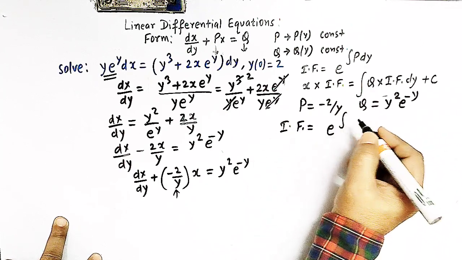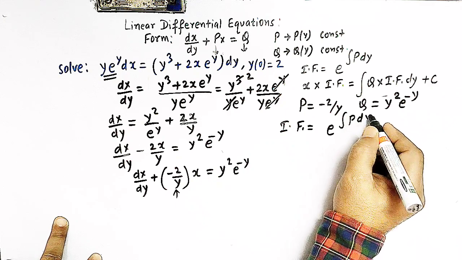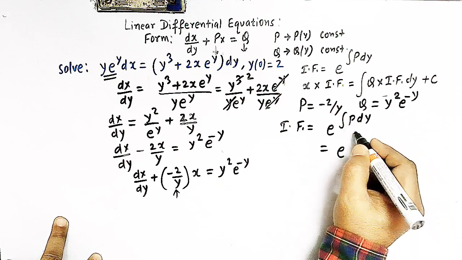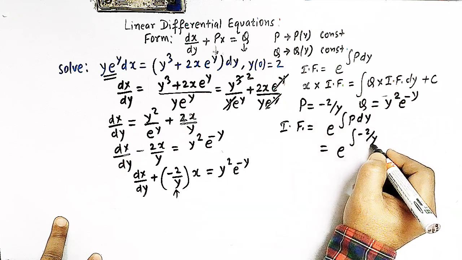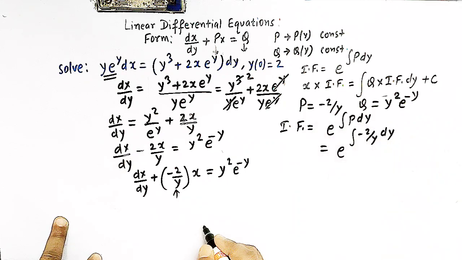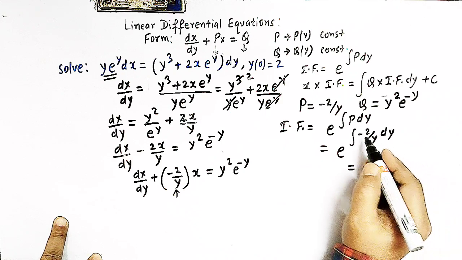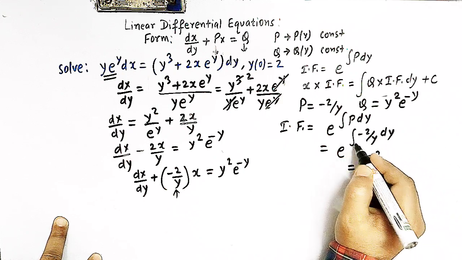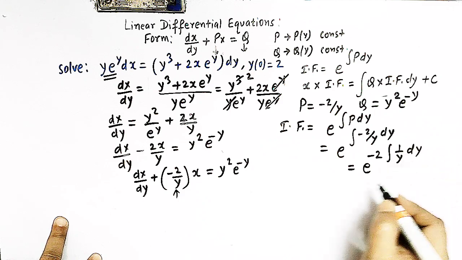So let us first find out the integrating factor. So integrating factor is given by e raised to integral p dy. So we have e raised to integral p is minus 2 over y, here we have dy. So now we have e raised to minus 2, taking minus 2 outside this integral sign, and we have 1 over y dy.